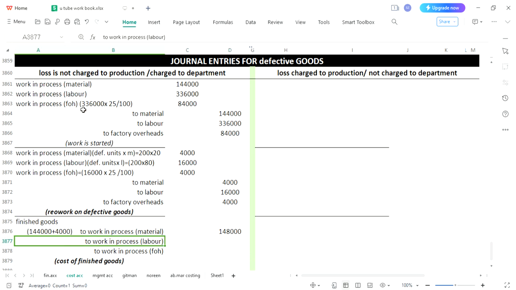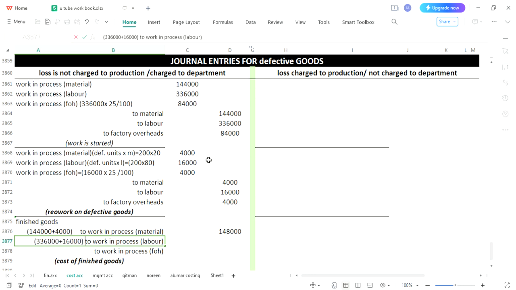What you will do, work in process labor 336,000 is present on the debit side, and work in process labor in the second entry is also present on the debit side. Again signs are the same, plus plus plus, minus minus again plus, so both are present on the same side. Debit debit debit means plus. To calculate work in process labor of the third entry, you will be writing both amounts: 336,000 first debit, and then you will add the second amount which is 16,000.